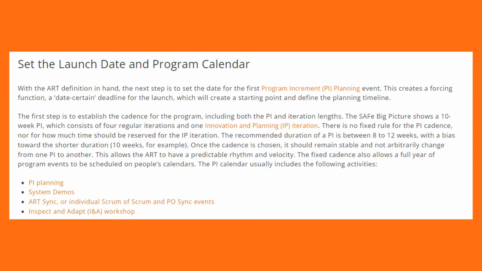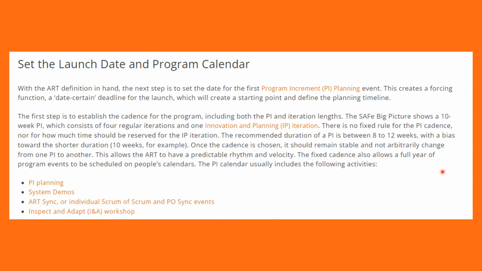The second activity is set the launch date and the program calendar. So you need to identify a date at which you are starting the PI planning event, right? The first set of activity in the program calendar is PI planning. The SAFe big picture shows a 10-week PI, which consists of 4 regular iterations and 1 innovation and planning iteration.